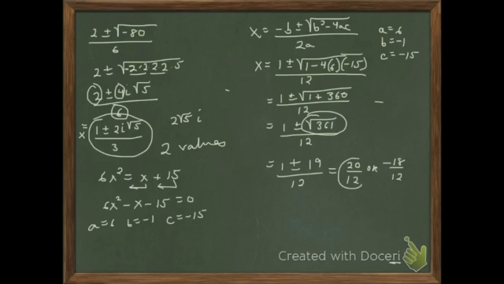Now you just simplify these. They both divide by 4 in this case, and so you're going to get 5/3, or here they're both going to divide by 6, and you're going to get -3/2. And that's the way we do it.